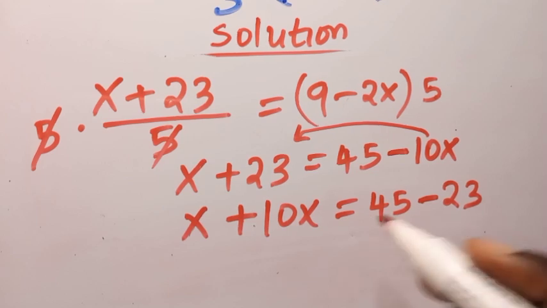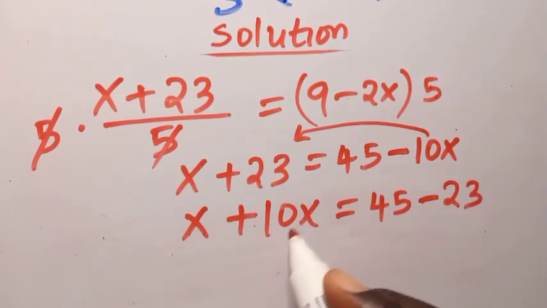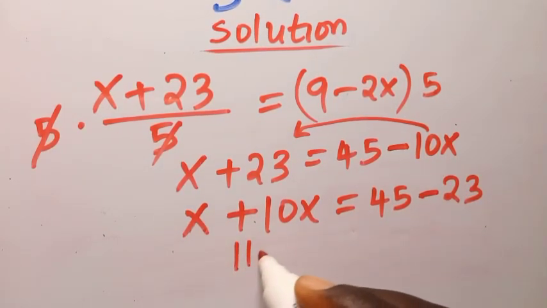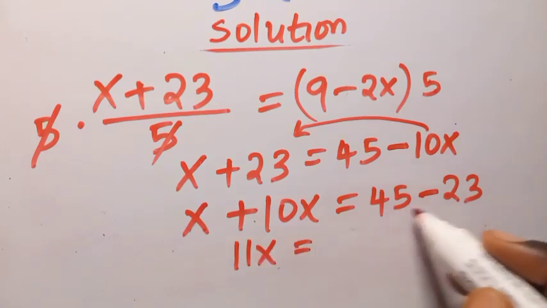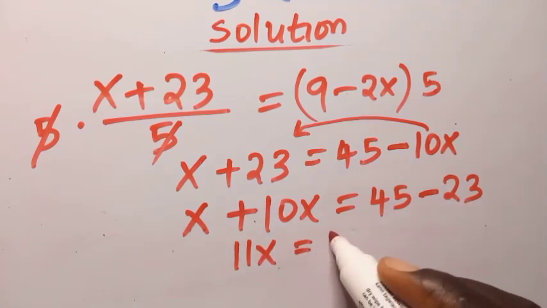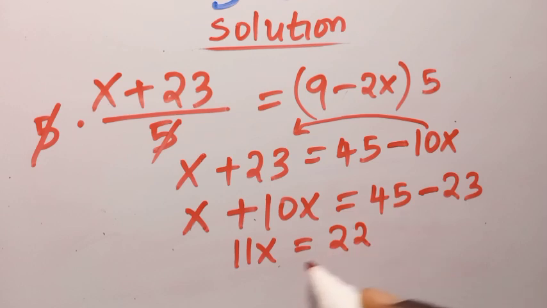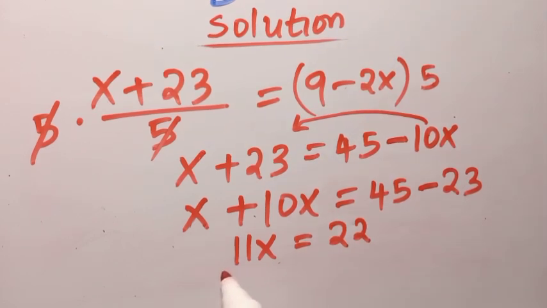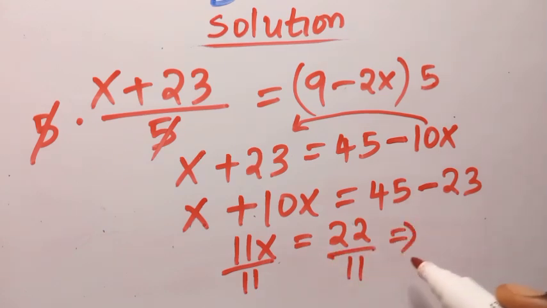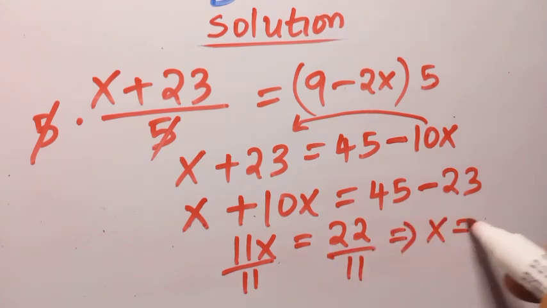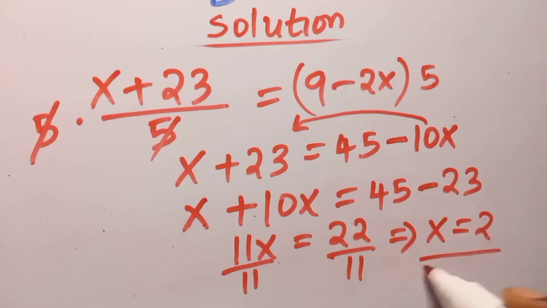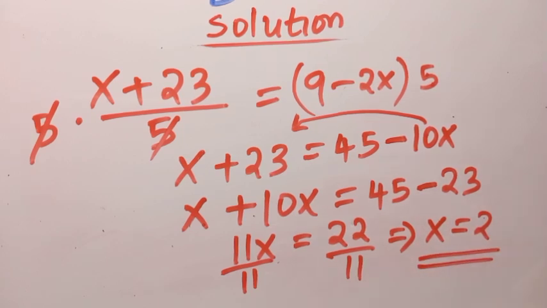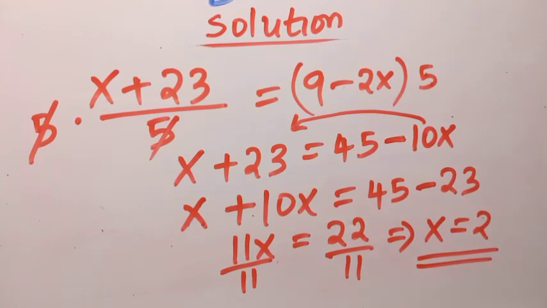Now, x plus 10x is 11x equals 45 minus 23 is 22. And therefore, for me to obtain x, I have to divide by 11 on both sides, and I will obtain the value of x as 2. And that is the answer that we shall obtain in solving this logarithmic equation.